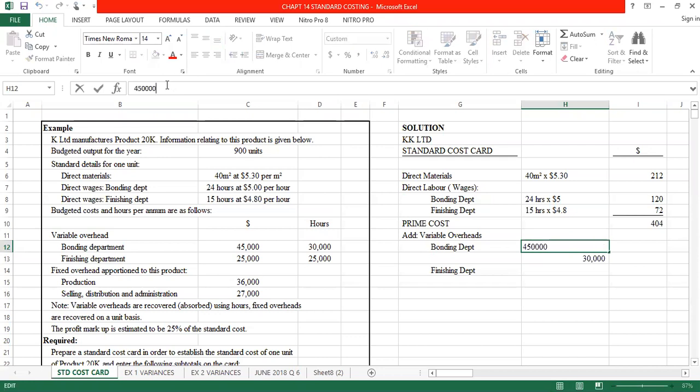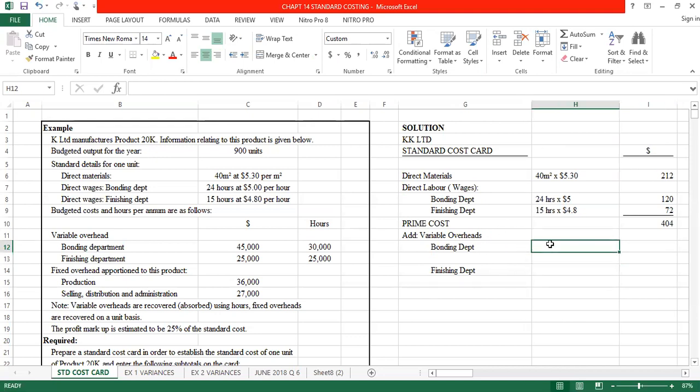So what you do is this: 45,000 divided by 30,000.